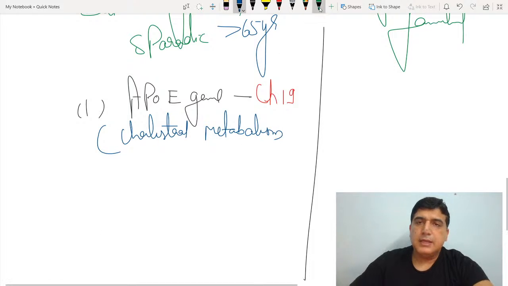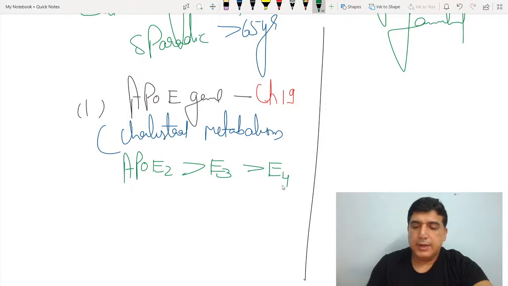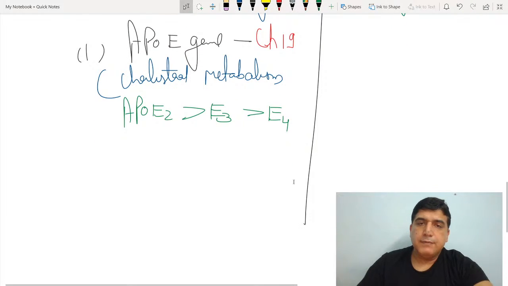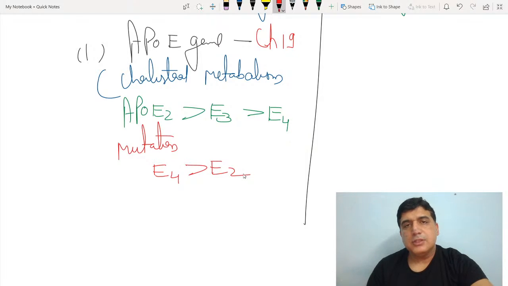We have three variants of the ApoE gene: ApoE2, which is more than E3, and that more than E4. That's the normal variant. After mutation, E4 becomes more than E2, and that's responsible for dysregulation of cholesterol metabolism and ultimately neurodegenerative disorder, dementia.